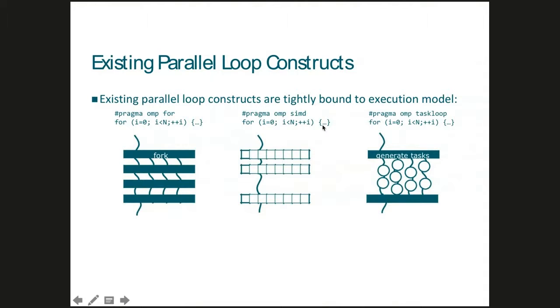You can also distribute the workload with SIMD, parallel for SIMD, which will also parallelize your loop. The third way is to use taskloop, where you parallelize the loop and divide a chunk of the loop as a task. Different implementations may have different performance.